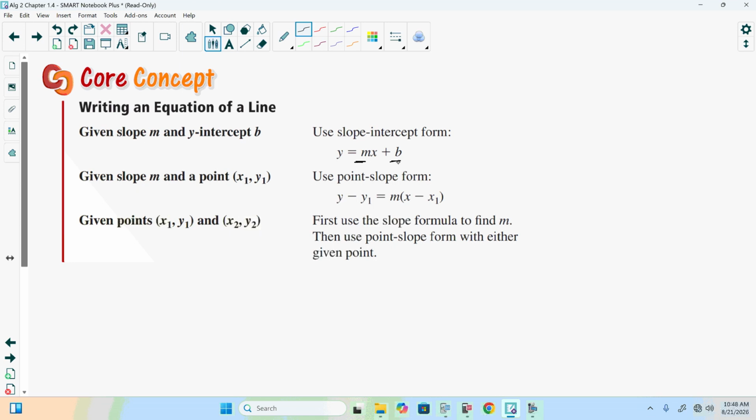Intercept. B is our intercept, our y-intercept.